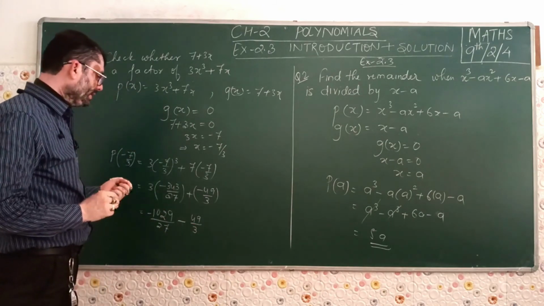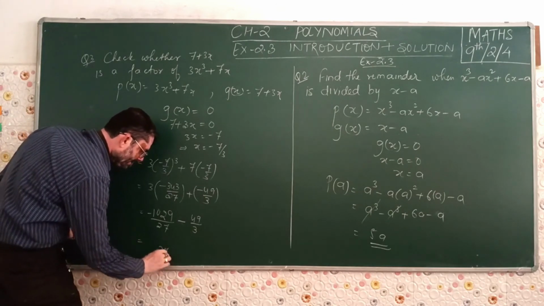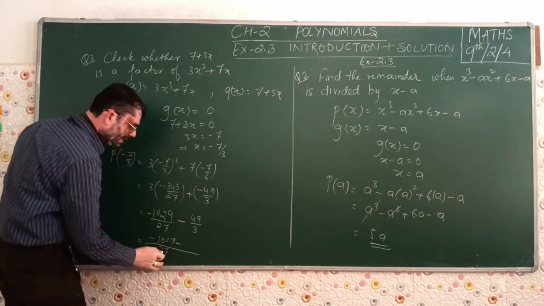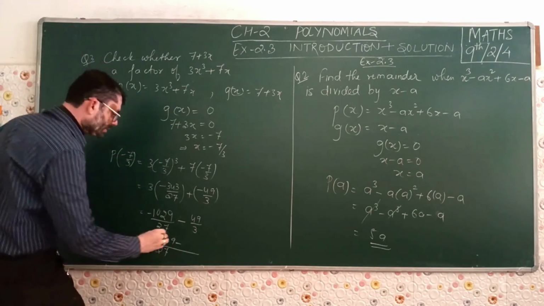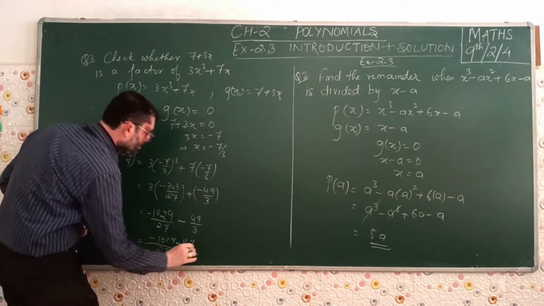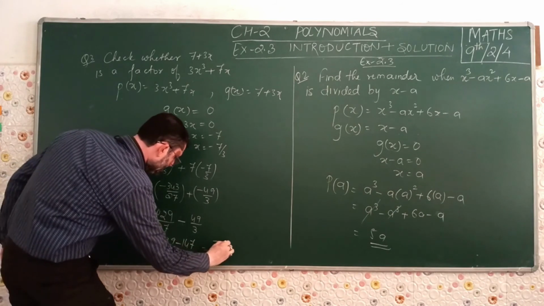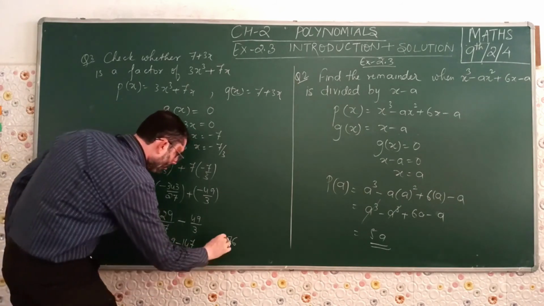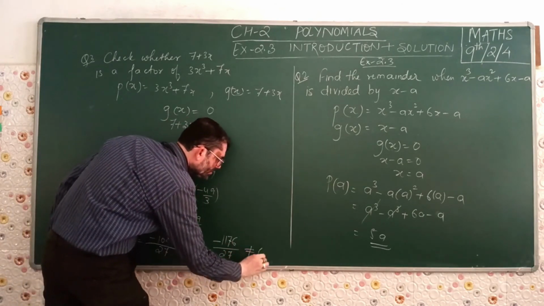Let us solve it by taking the LCM, which is 27. This is minus 1029 minus 49 into 3, which is 147. Simplifying it, this equals minus 1176 by 27, which is not equal to 0.